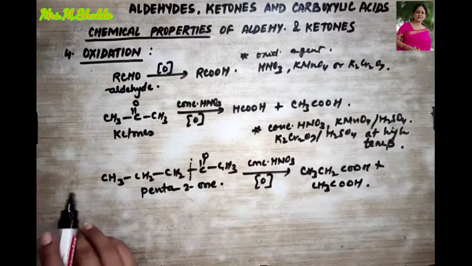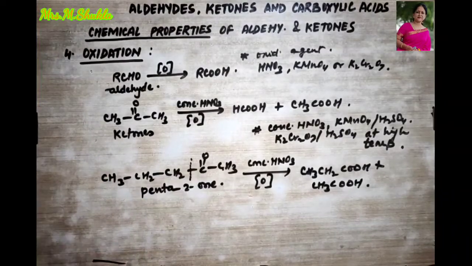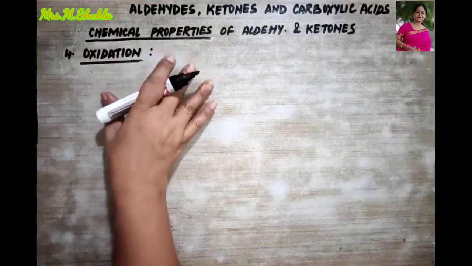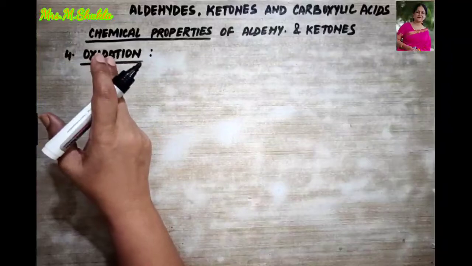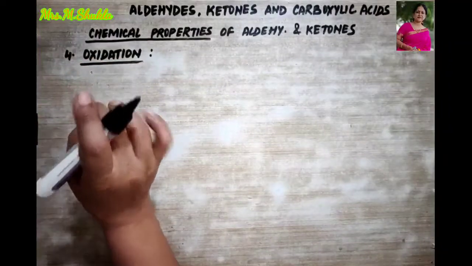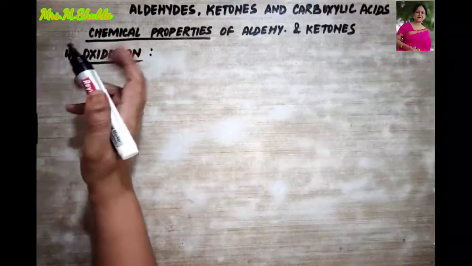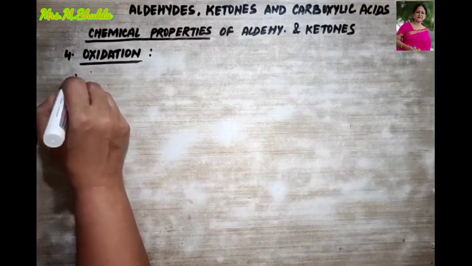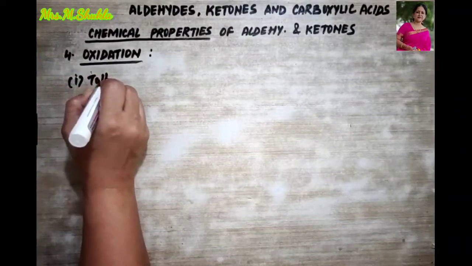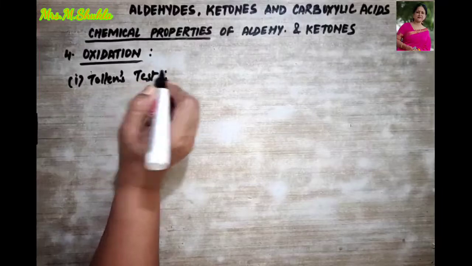Now let us move to some more tests with respect to oxidation reactions. The aldehydes, as I told you, are oxidized by mild oxidizing agents, and hence they can be easily distinguished from the ketones. But there are certain tests that we are going to study over here. So the first test is your Tollens test.